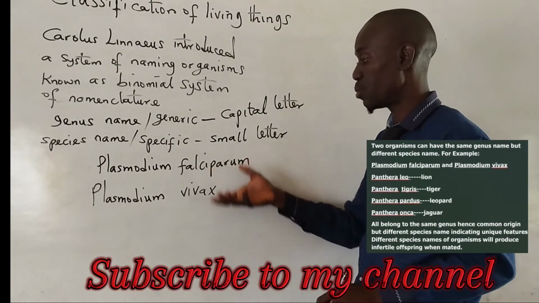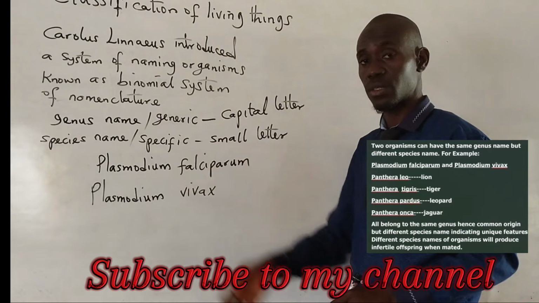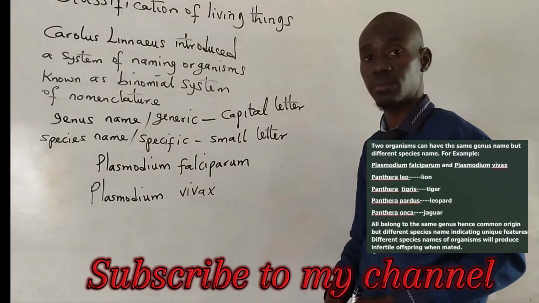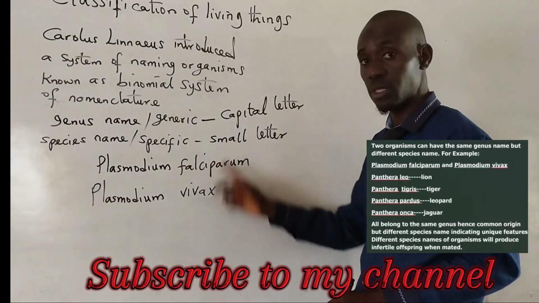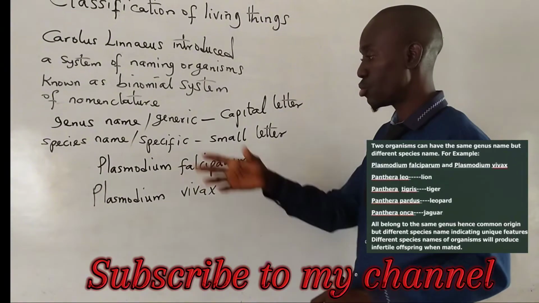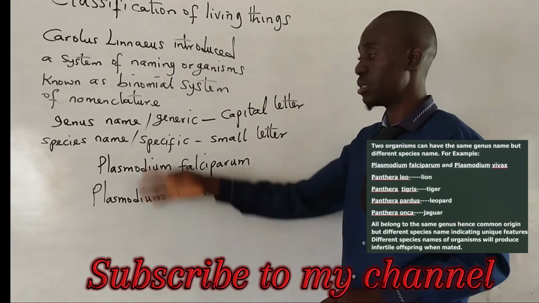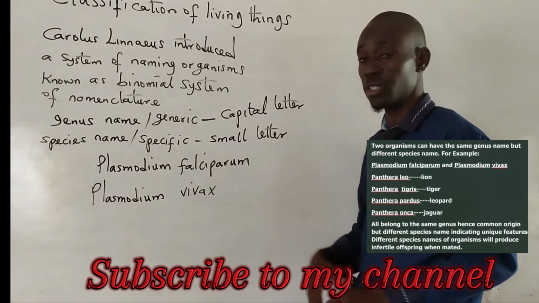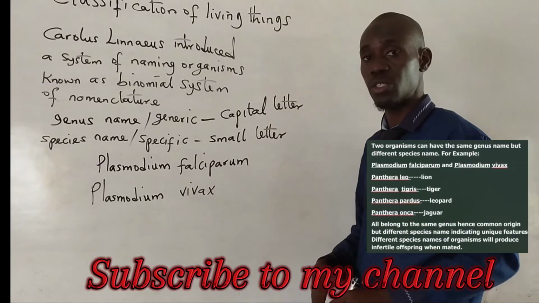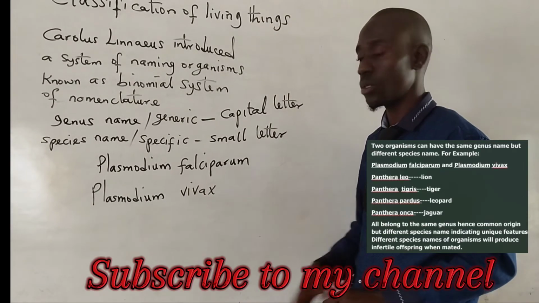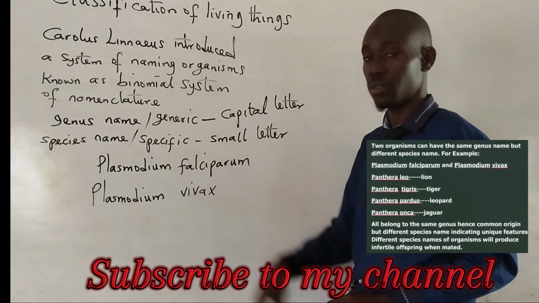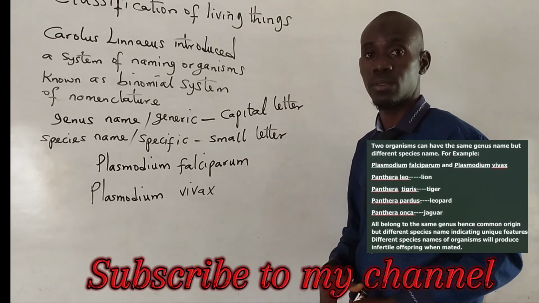They belong to the same genus. These are two different organisms with the same genus name, but different specific names. So two or more organisms can share the same genus name, but they cannot have the same species name. The species name is unique for every organism, while the genus name can be the same, meaning they belong to the same genus, but they are different species.